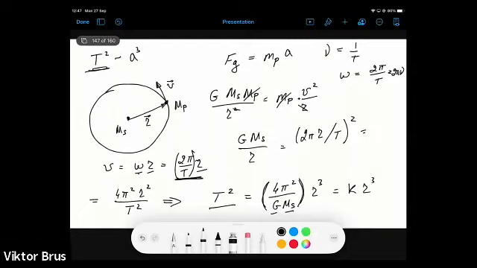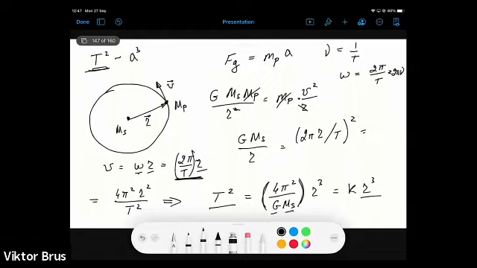period of the rotation along this elliptical orbit in second power is proportional to the radius of the, it's actually circular trajectory in this specific consideration, in order to make it mathematically easier to derive, is proportional to the radius in the third power, which is also valid for the semi-major axis of the ellipse.